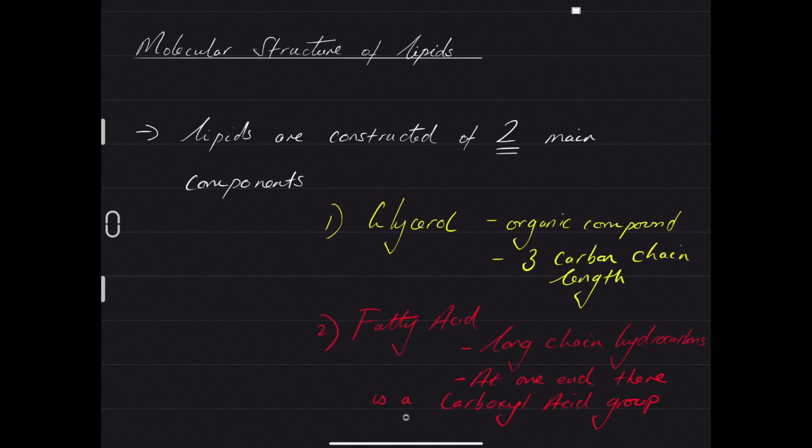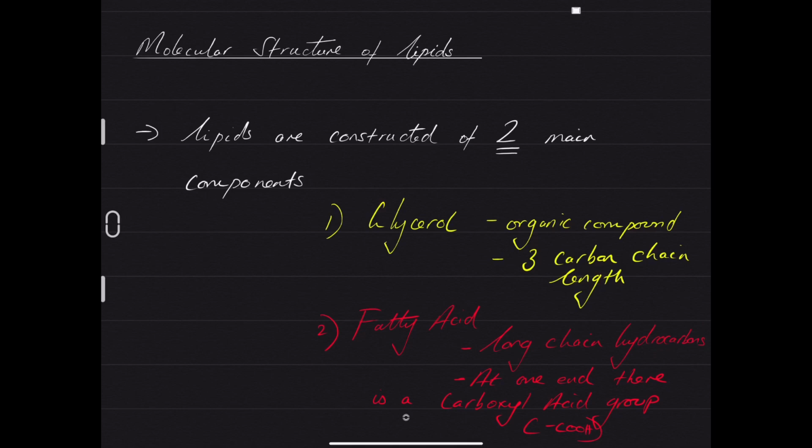If you had to put the formula of a carboxyl acid group, it is a bracket, dash, carbon, oxygen, oxygen, hydrogen, and close bracket.